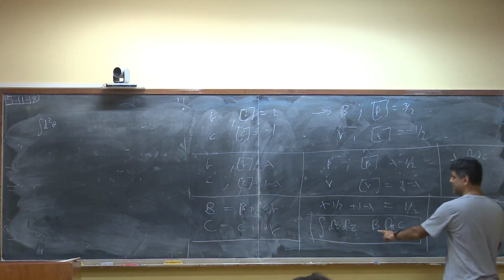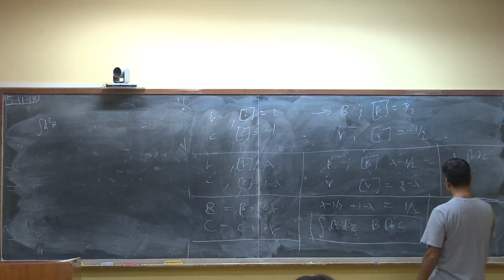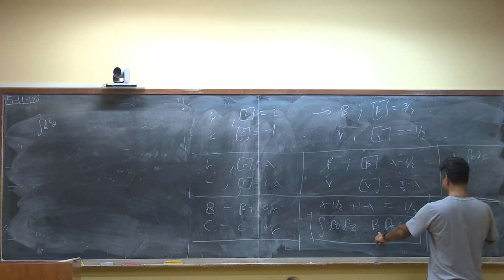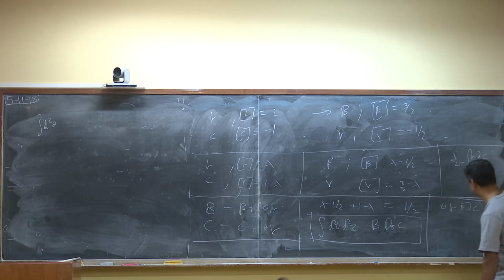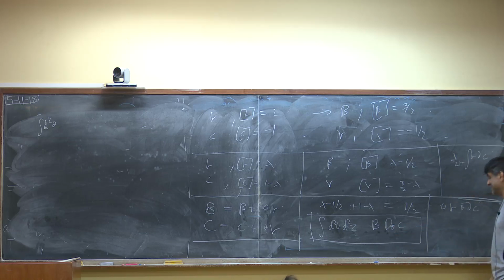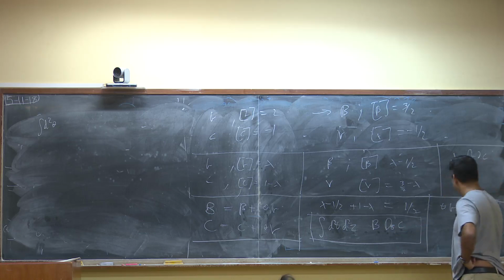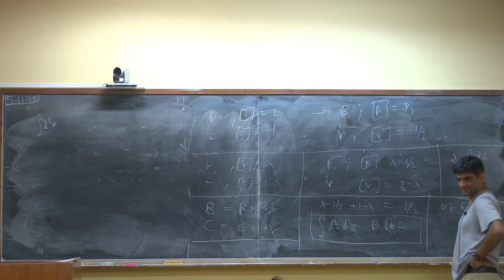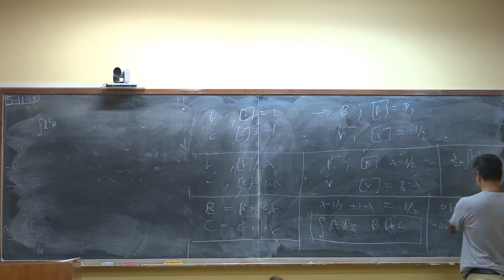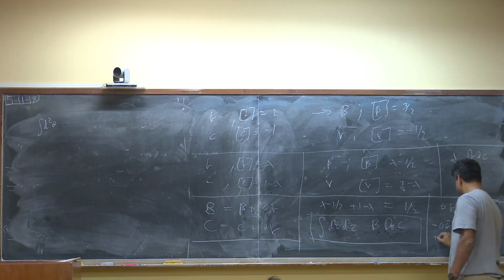Exactly. So now let's look at this. We get a theta B and then theta bar del C, from this term here. B is fermion, C is fermion. So this is minus theta theta bar, plus theta bar theta, which is what we set to 1, which is plus theta bar theta.